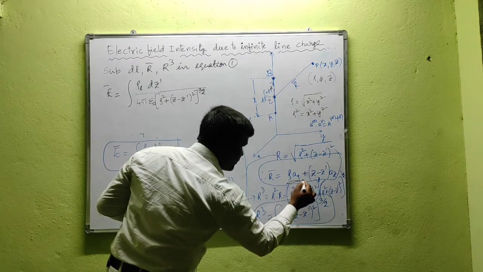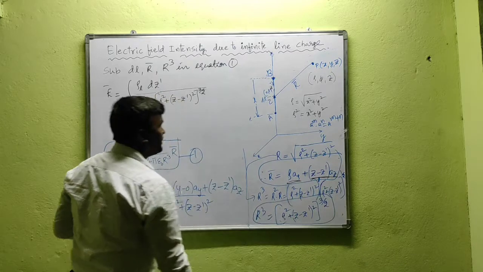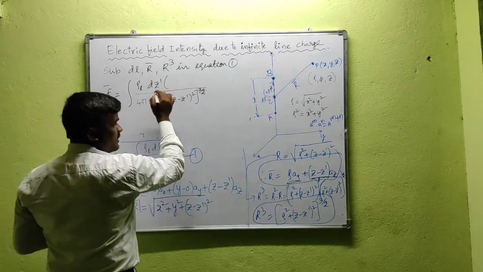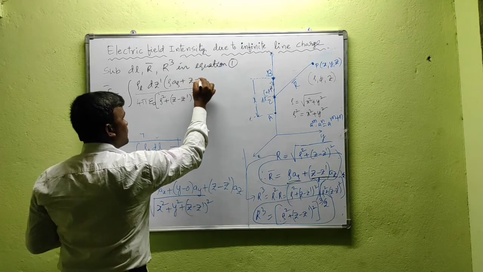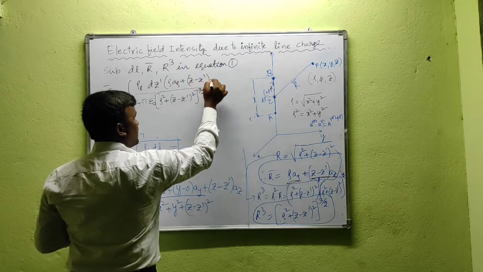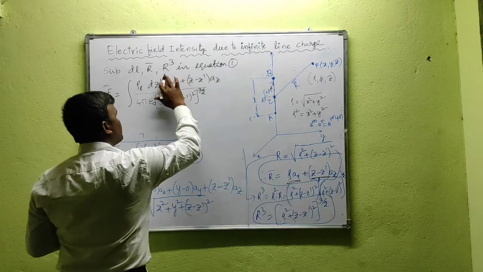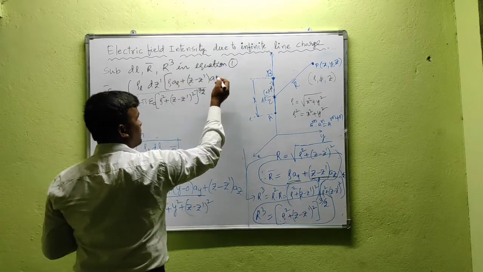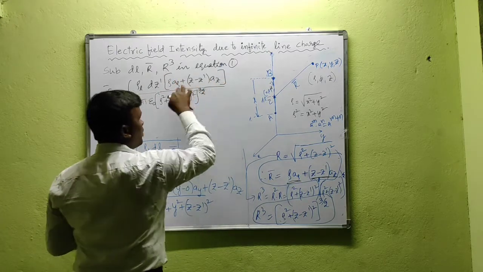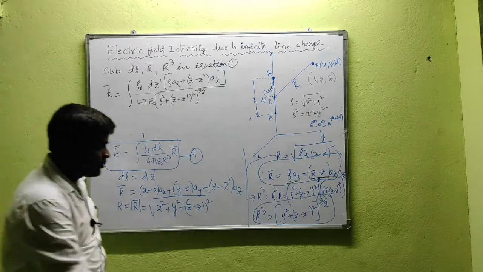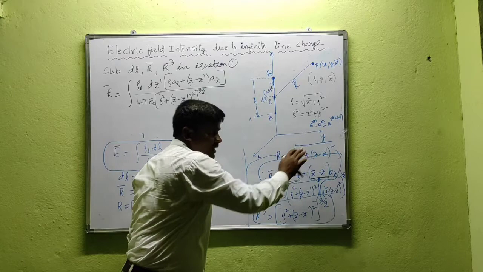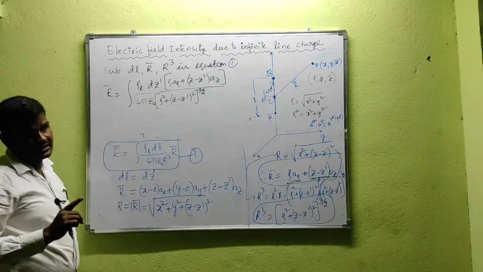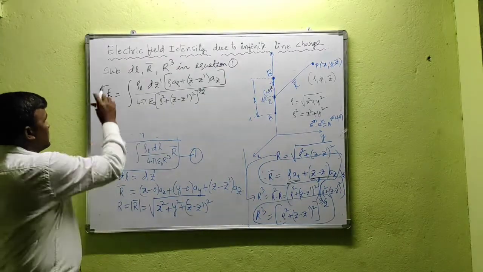R bar is rho into a rho plus z minus z dash into a z. It has a rho component and a z component. The rho component is under root rho square, and the z component is z minus z dash into a z. So this is our E bar.